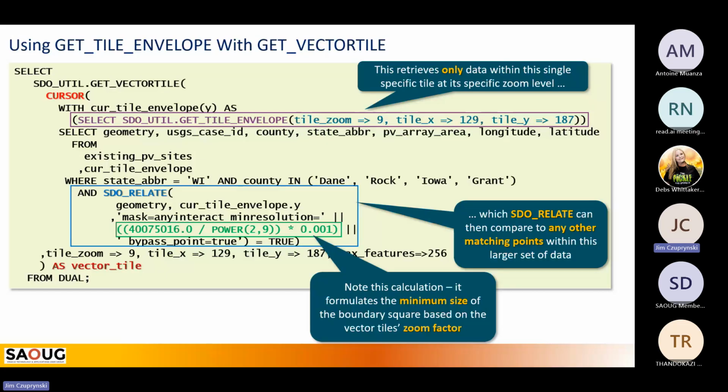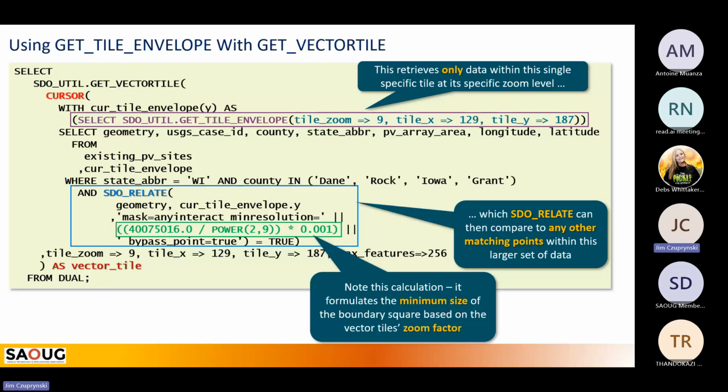I want you to take a look at data in the existing PV sites table and, using the boundary that we just established with get tile envelope, look and see if there's any data for the state of Wisconsin in 4 counties. In the United States, that's our second layer typically down. We have states, then we have counties, then we have municipalities, typically in our division of geopolitical resources.